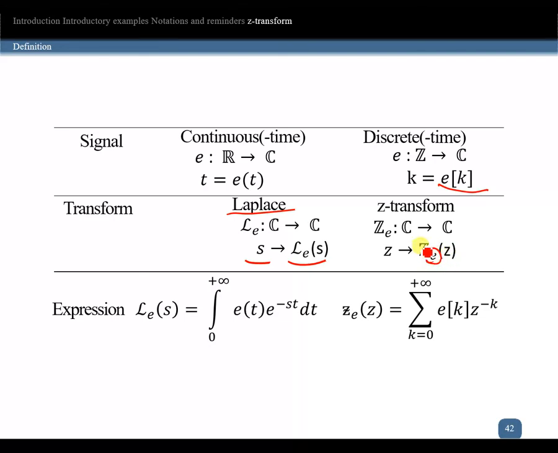That means you take the Z transform of signal e in the Z domain, and you take the Laplace of e in the s domain. For the Laplace transform, the definition is the integral from 0 to infinity of e(t) e to the minus st dt. In the Z domain, the definition becomes the sum for k from 0 to infinity of e(k) z to the minus k.